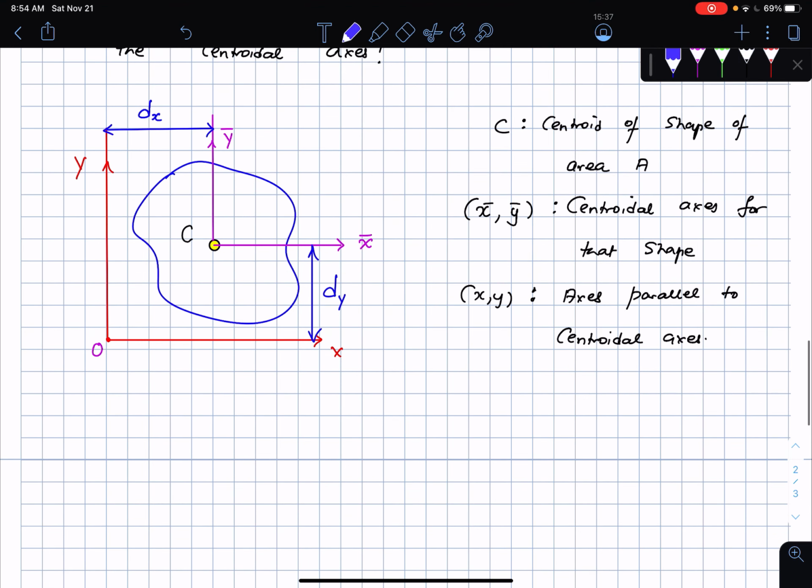So dx and dy are the distances between x and x bar, and y and y bar, respectively.